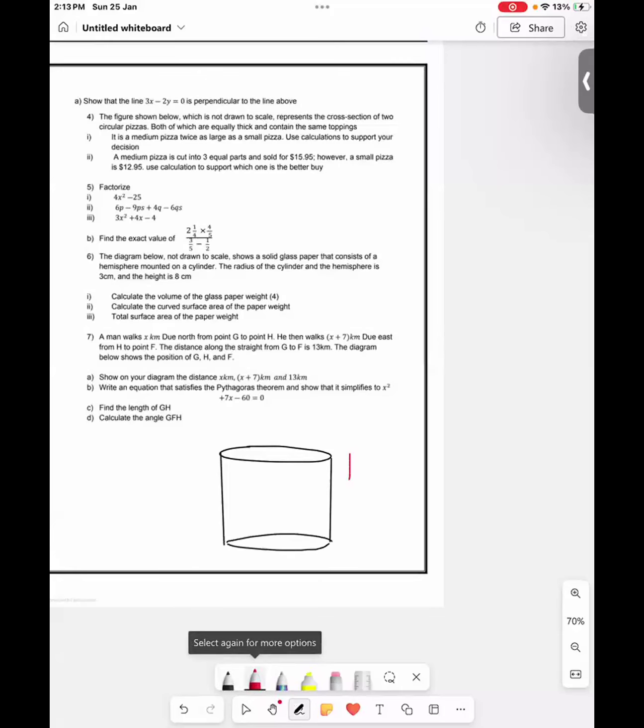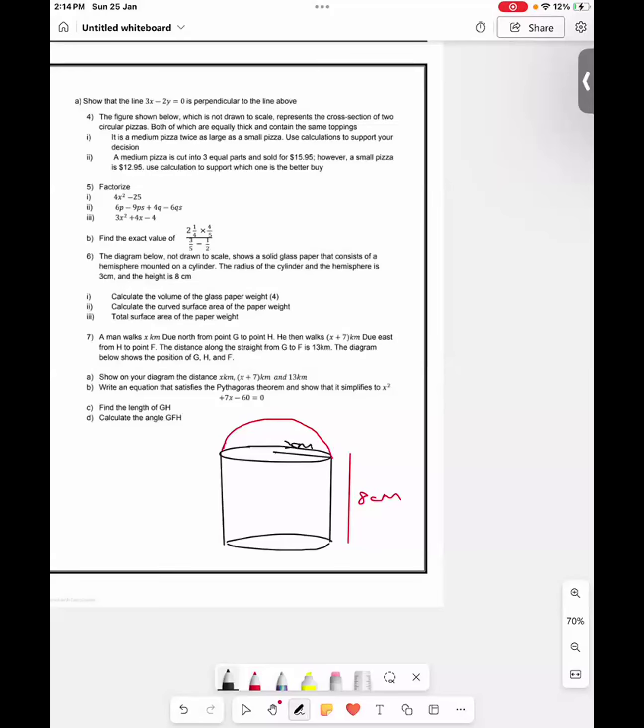We are told that the height is 8, and this is the hemisphere on top. It's half of a ball mounted on top of it. And we're told that the radius, from here all the way here, is 3 centimeters.